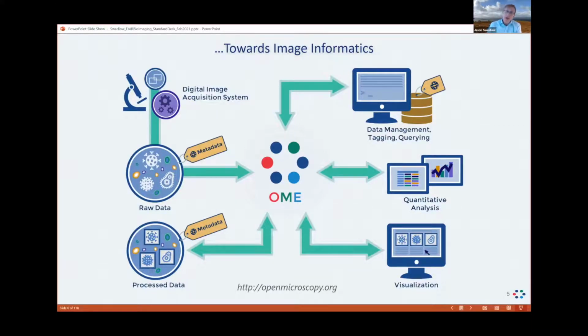Put that another way, a new imaging modality comes online, and it can immediately be accessed by the very broad range of analysis and processing tools that exist out there in the community. So this is really all about this word that you'll often hear, so-called interoperability, this data exchange or exchanging information across all of these different functions.